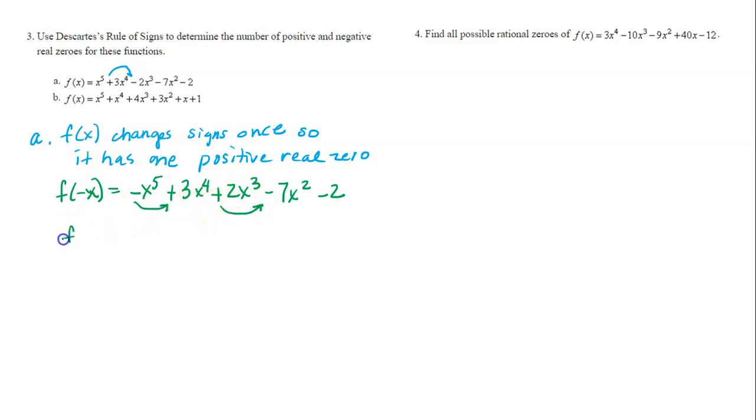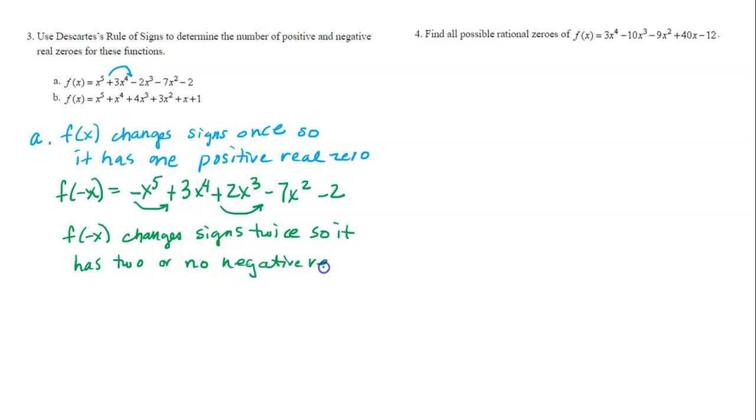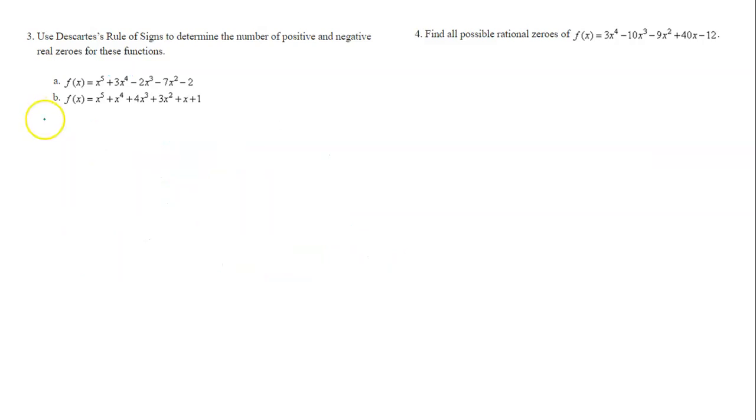So f of negative x changes signs twice, so it has 2 or no negative real zeros. Okay, I'm going to erase this and we'll do B.